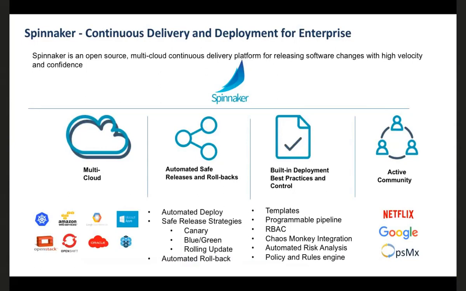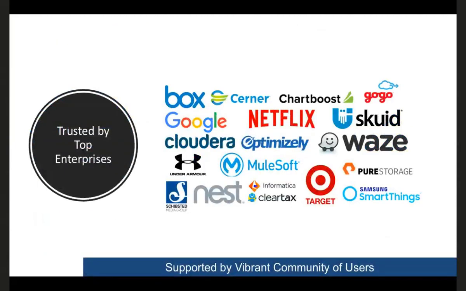It supports templates and built-in RBAC for enterprises to deploy to their development and production environments. It's a very active community. The Slack channel has thousands of people and hundreds of developers supporting Spinnaker. For example, Target has implemented an OpenStack driver, and Lookout has implemented ECS for Amazon. So it's a very active and vibrant community.